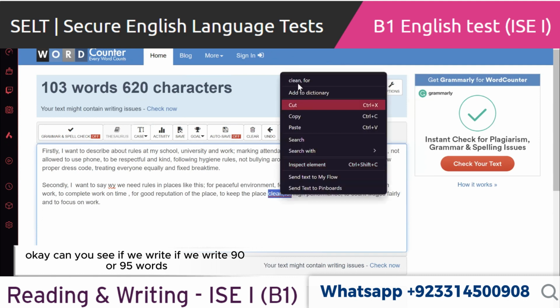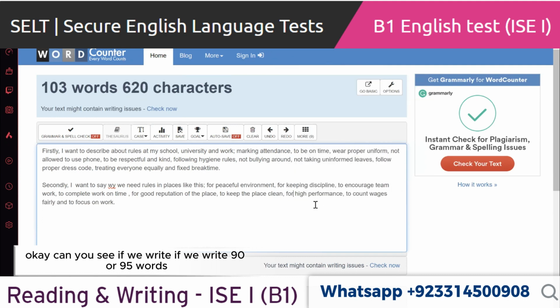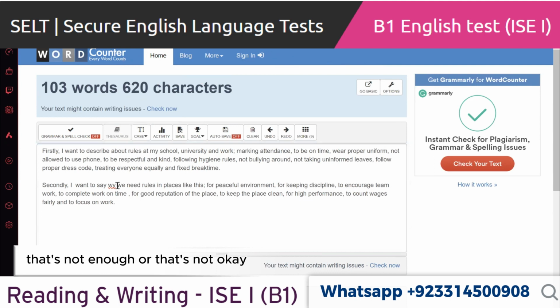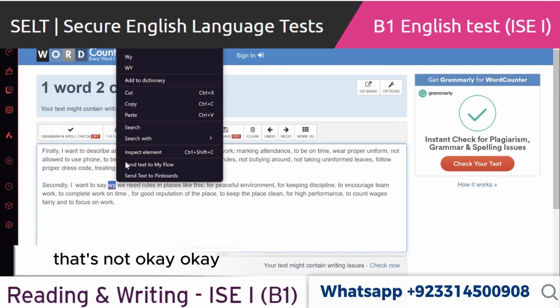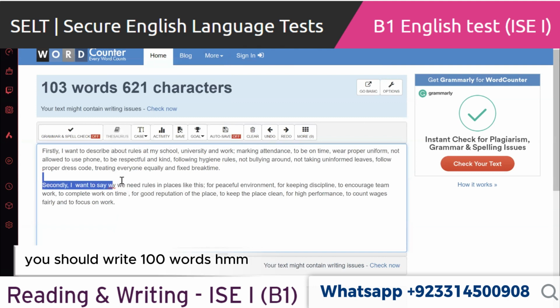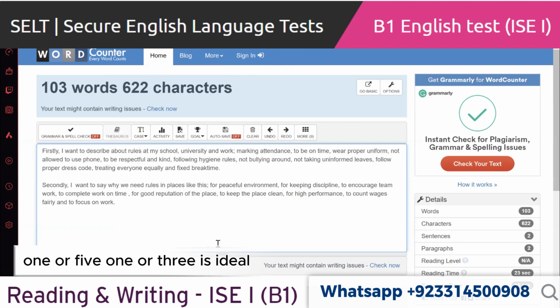If we write 90 or 95 words, that's not okay. You should write 100 words, at least 100. 103 or 105 is ideal, 110 maximum.